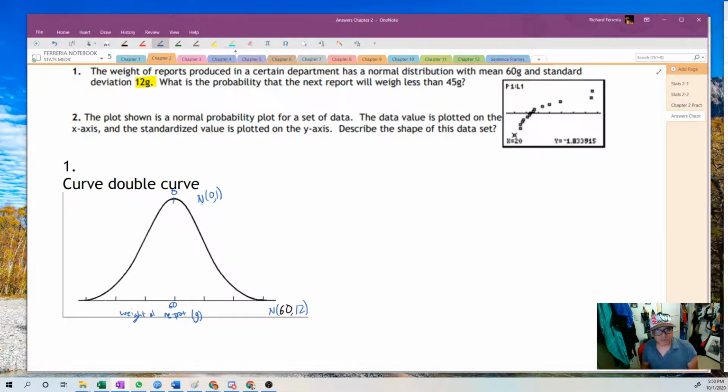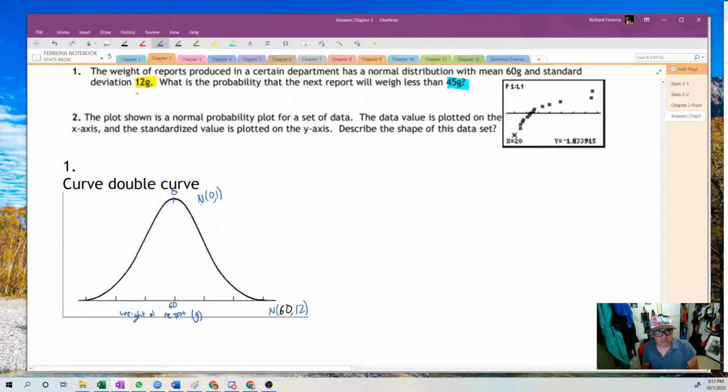Next thing I'm going to do is locate where 45 grams would be. Well, 45 grams would be below the mean, so somewhere in this area right over here, that's where 45 grams would be. Next, I would check to see if that 45 grams corresponds to one of the z-scores exactly.